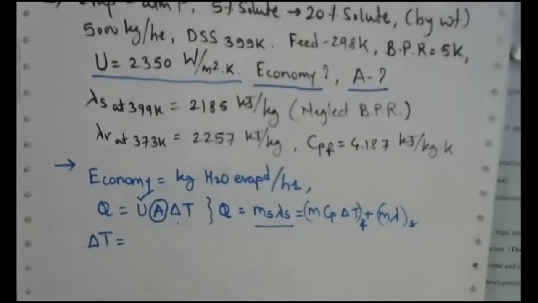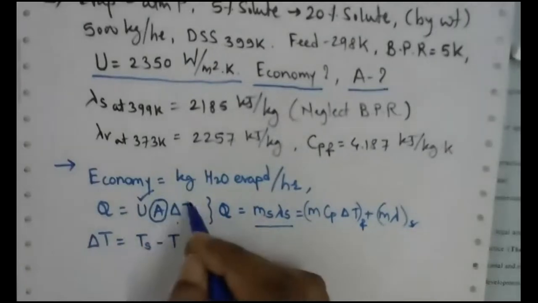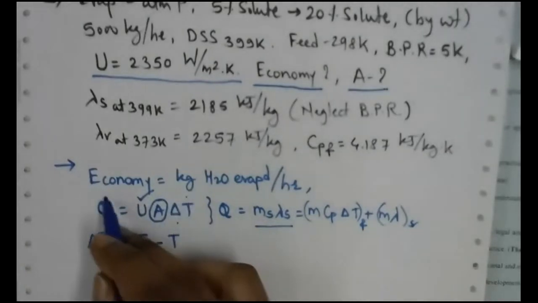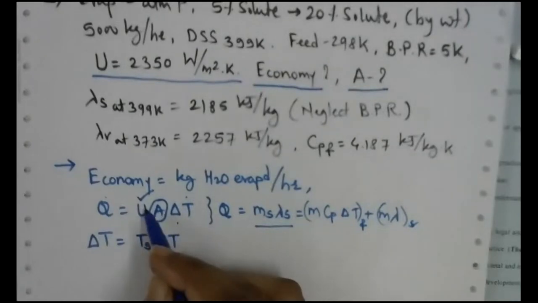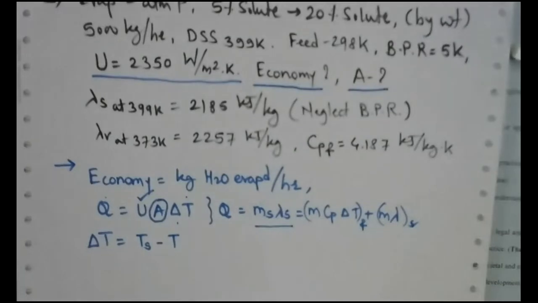So the difference of steam and solution. So the temperature of steam and the temperature of the solution. So if you know these two temperatures, then we can calculate this delta T. So if you know delta T, if you know Q, or we can calculate these parameters, and we know already U, then we can calculate this A, right?